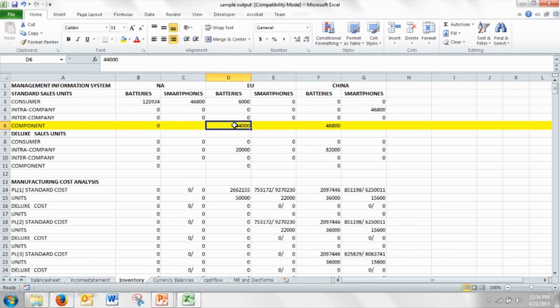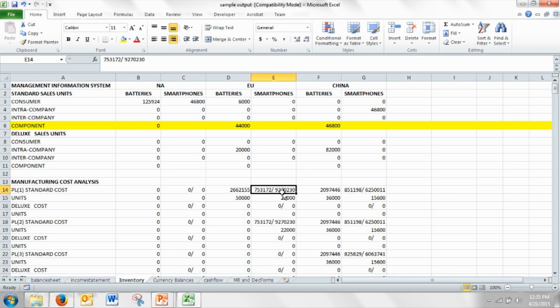And in this case, you can see in Europe there were 44,000 units of batteries sold as components. And really what happens is those are sold to the smartphone plants. So you'll see down here that 22,000 were used in the first plant and 22,000 were used in the second plant, because you produce 22,000 smartphones in each plant, using up 44,000 batteries.